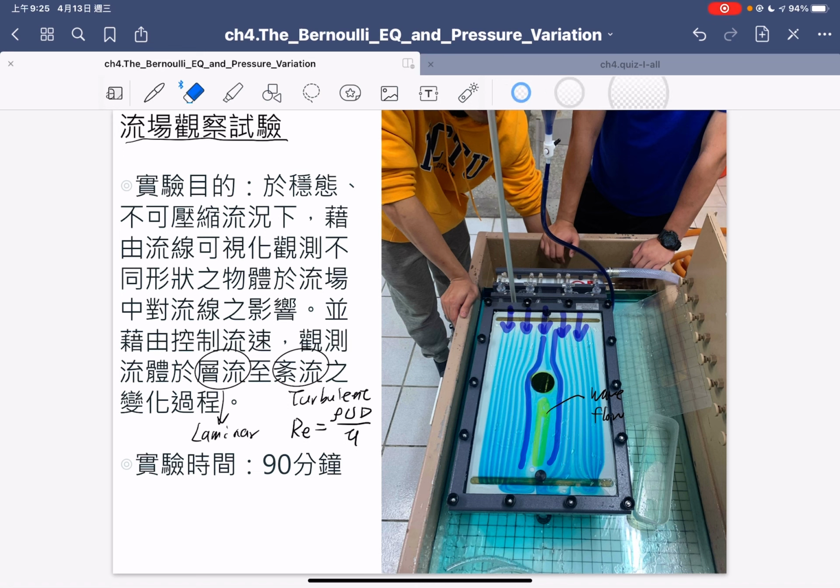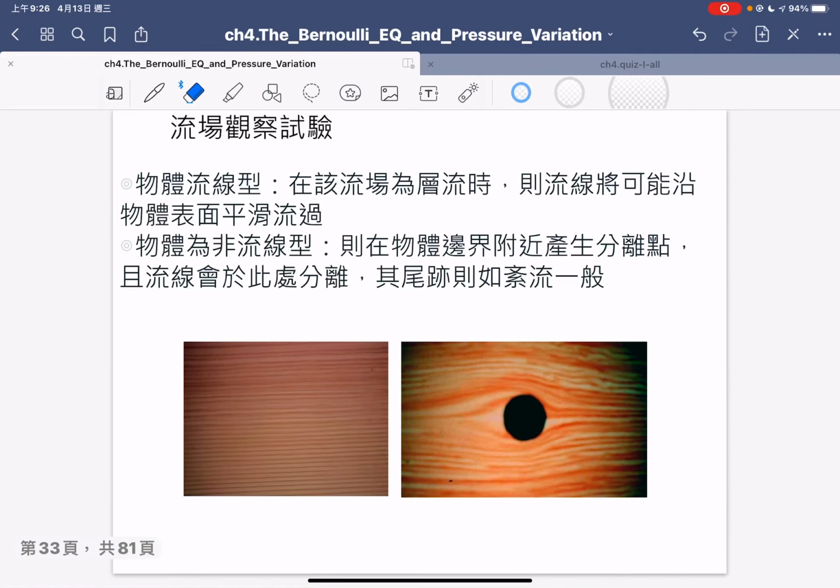So in this experiment, we would like to control the different flow velocities to get different Reynolds numbers. And we know that we can use the Reynolds number to distinguish whether the flow is turbulent or laminar. So you can observe how the streamlines change based on the different velocity. Okay, so this is some example.